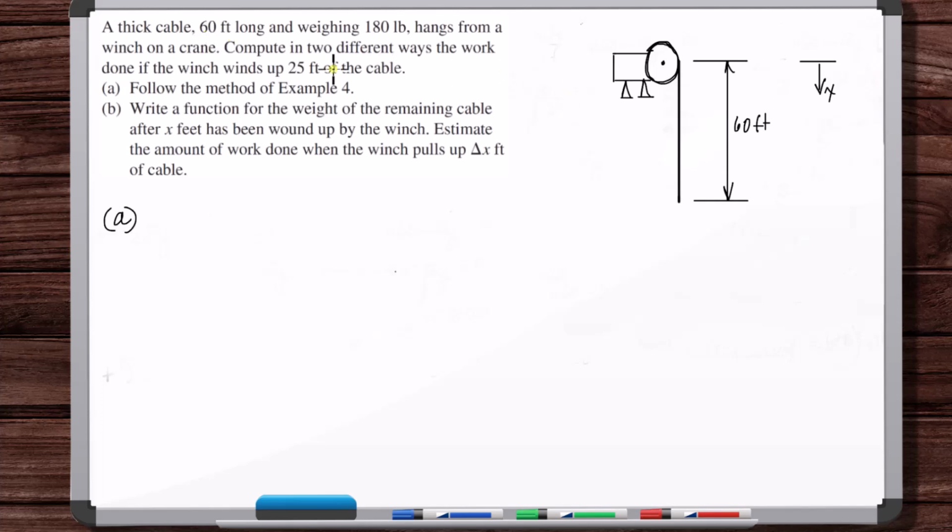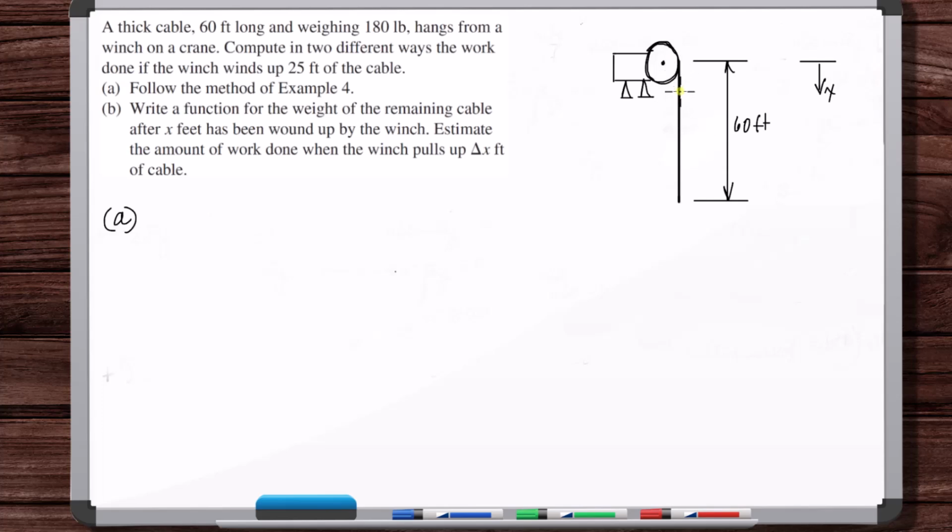But what example 4 did was, let's say we're trying to compute the work to pull up all 60 feet. You can't just say, okay, well, 60 feet times the weight, 180 pounds, because it's more complicated than that. As you're pulling up the chain, there's less weight that the winch is pulling up, right?